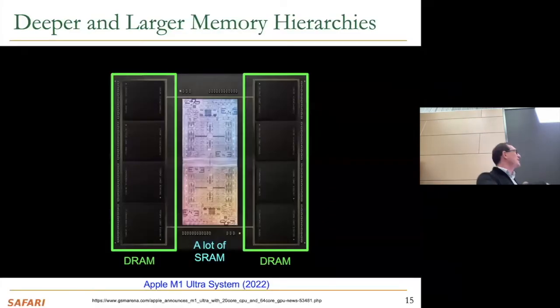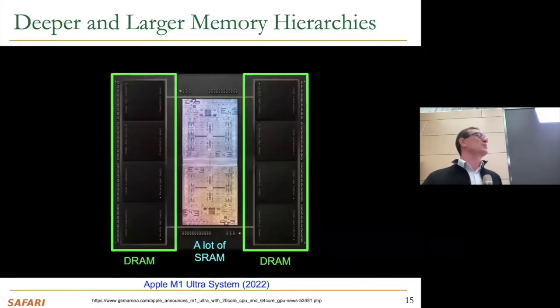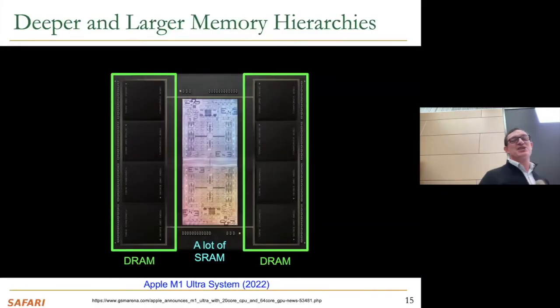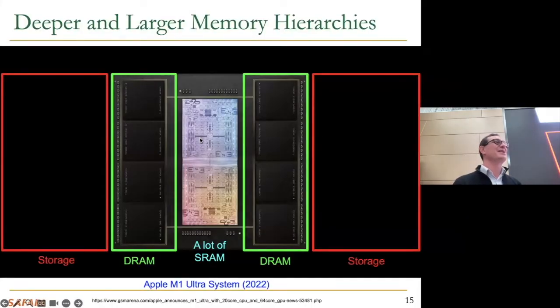Okay, if you don't like that picture, here's another picture. This could be an SoC. This is a more system-level picture. Essentially, we have chiplets today. Chiplets are mostly SRAM. And then you have memory, which is dark. And then you have the darkness, which is storage. I call it the darkness because if you come from a microarchitecture, architecture perspective, this is what people consider the most valuable thing, right?